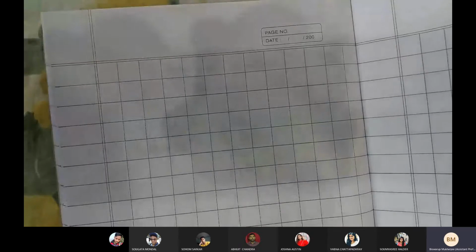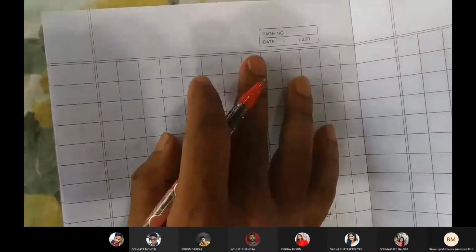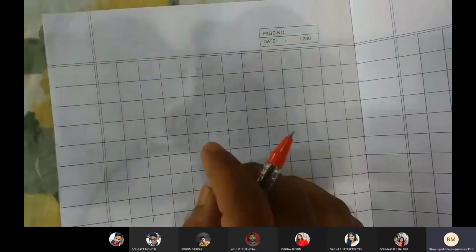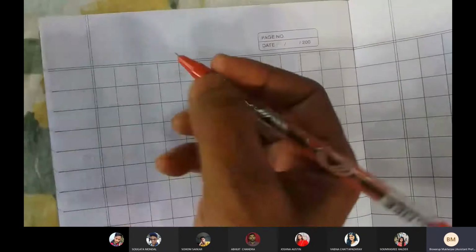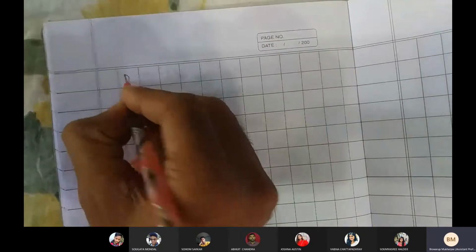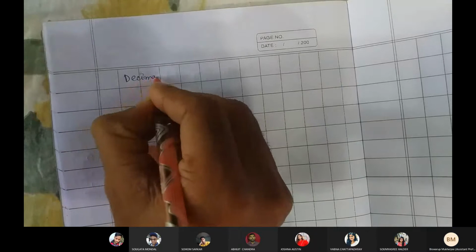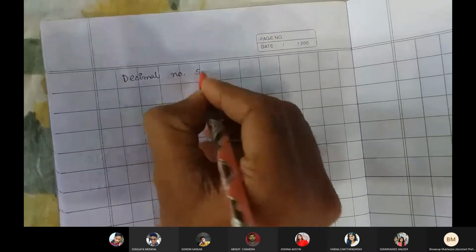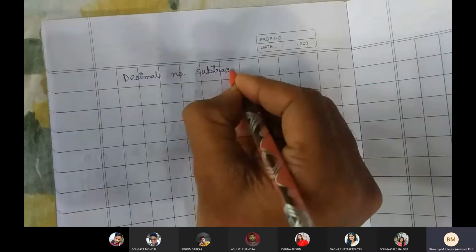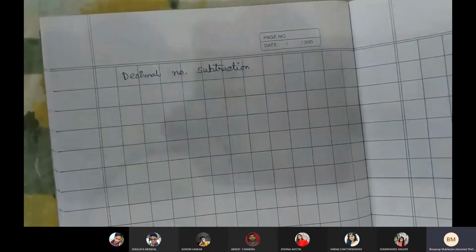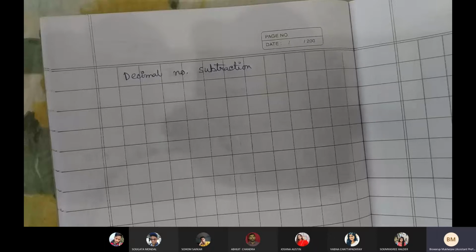Now let us come to subtraction using complements. So how can we do that? Let us start with the decimal number system, decimal number subtraction. There are various processes.